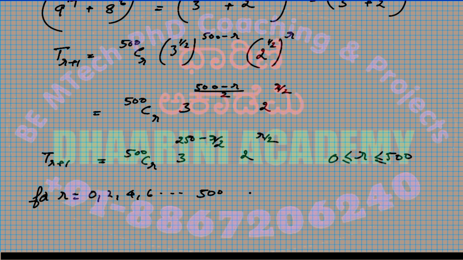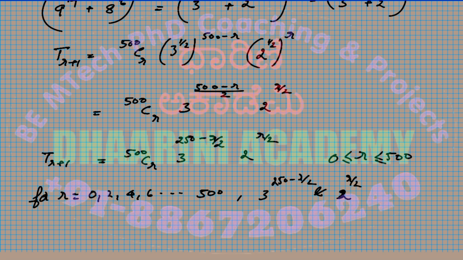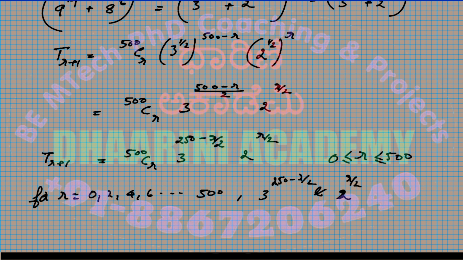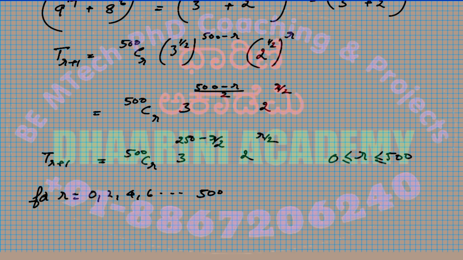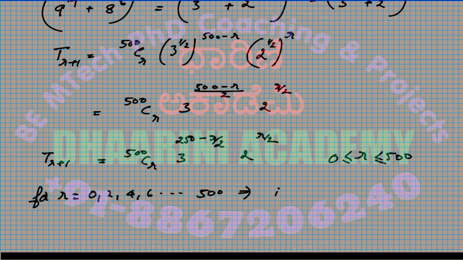For every even number, I'll only talk about the indices, not the whole number, because the note which we studied earlier says that it talks only about indices. So what are the indices?